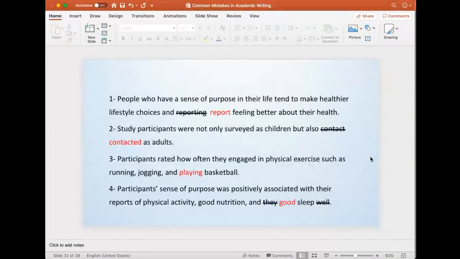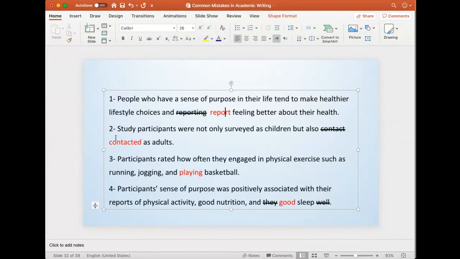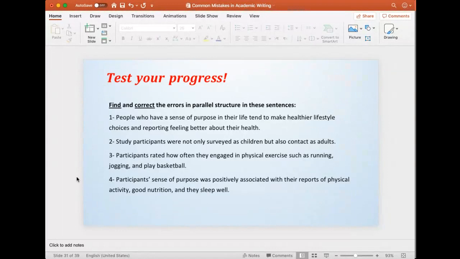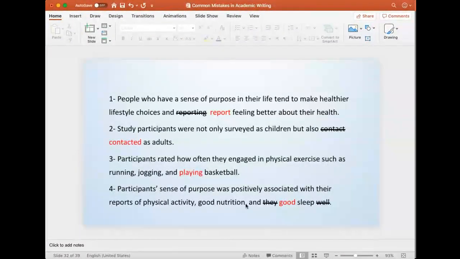So let's look at the corrections. As Brother Muhammad said, reporting should be report, contact should be contacted because we have surveyed. Here we have running, jogging, and playing instead of the previous one, which is play. And the last one, as you can see here, of physical activity, good nutrition, and good sleep. They should follow the same pattern, the same rule.